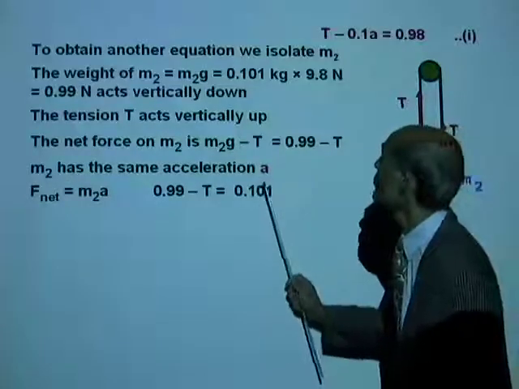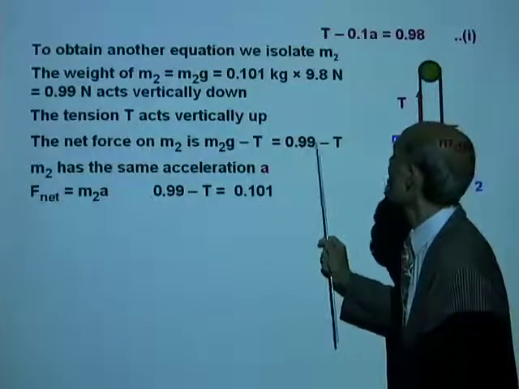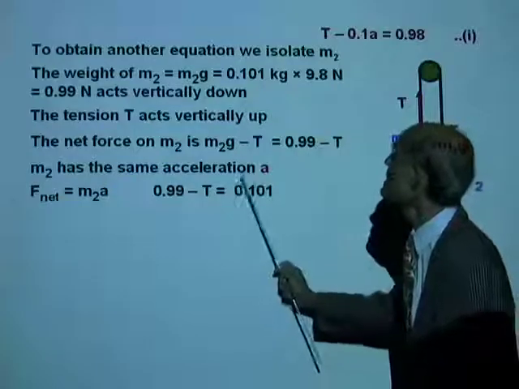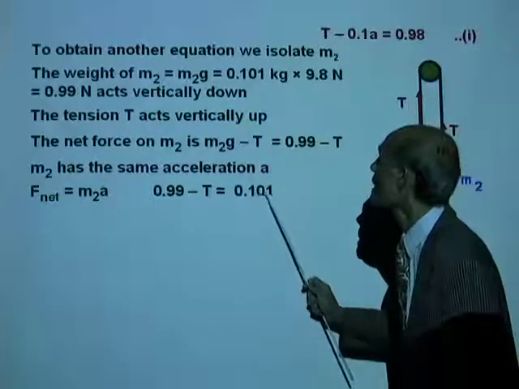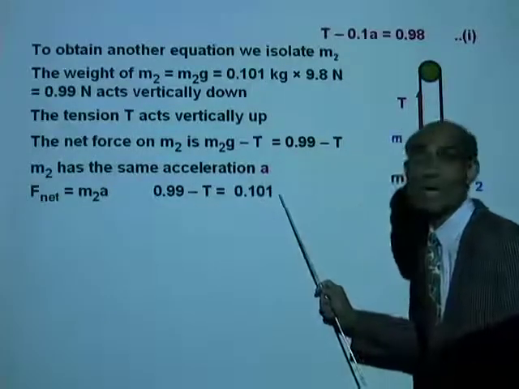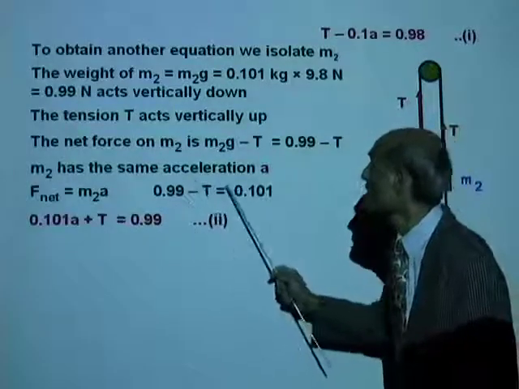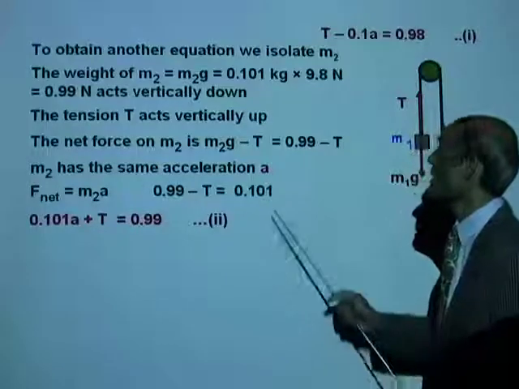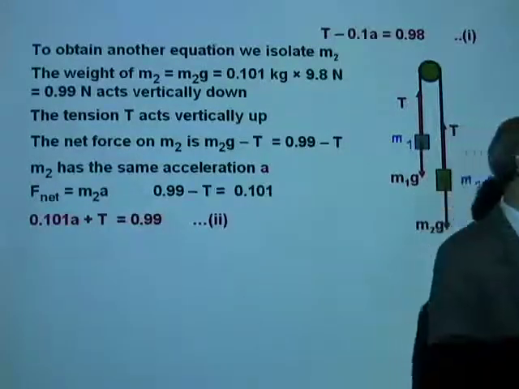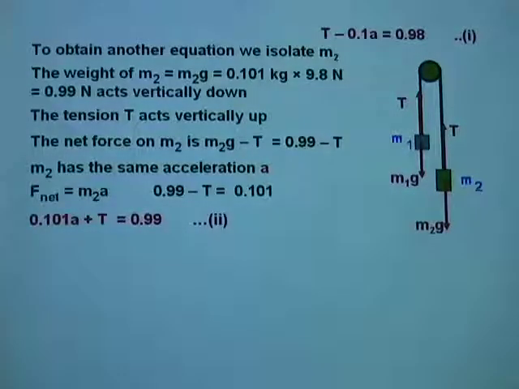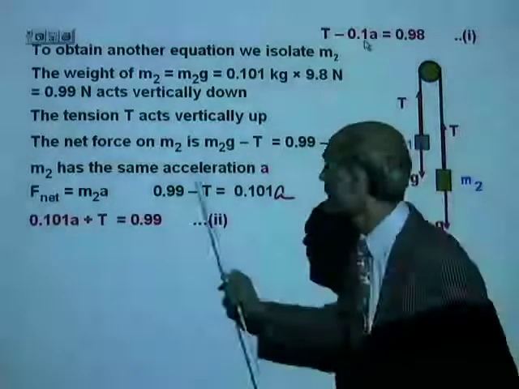The net force, 0.99 minus T equal to 0.101 times A. I forgot that A there. The net force equal to MA, 0.101A. So you need to write that A there. Okay, but I have used that in here.